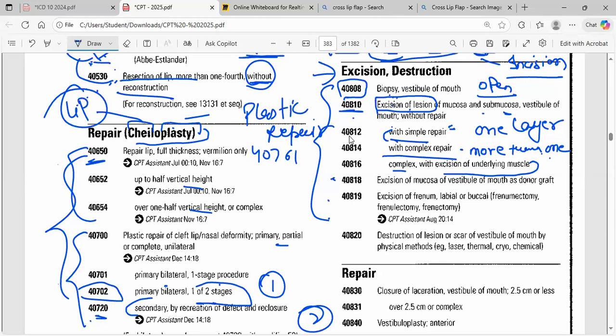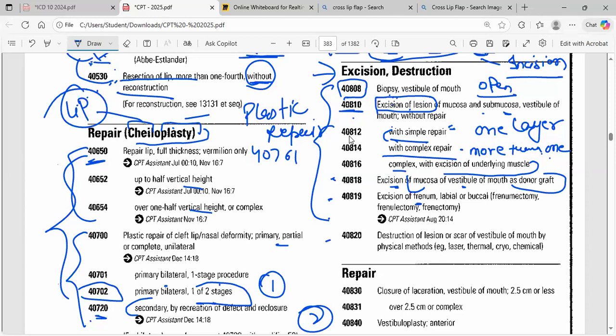Then we have 40818, 819, and 820. 40818 is excision of mucosa of the vestibule of mouth for a donor graft. So mucosa has been removed for the donor graft, like we have to place that mucosa somewhere else.